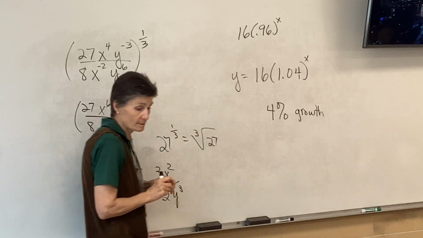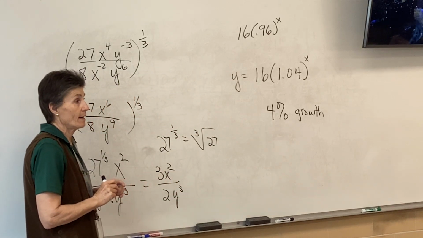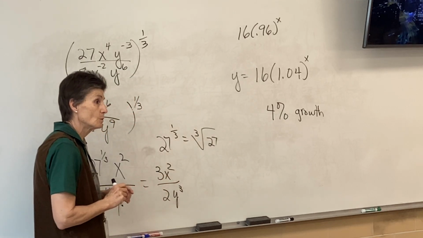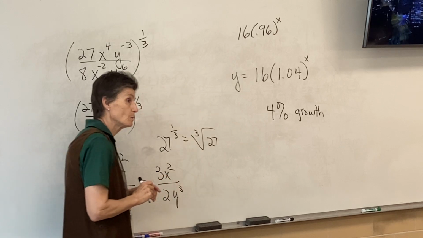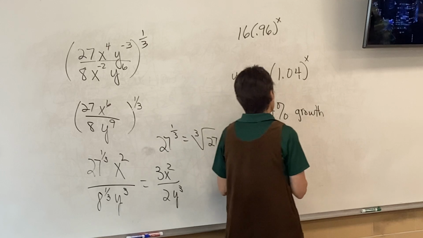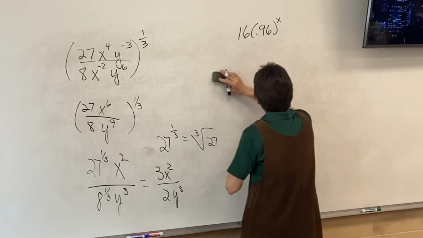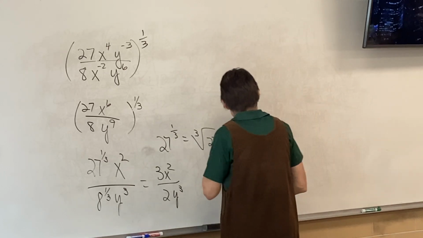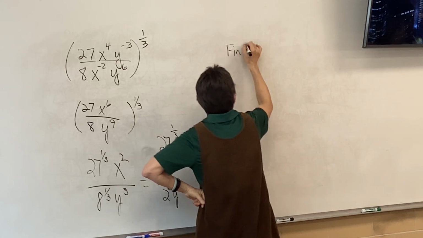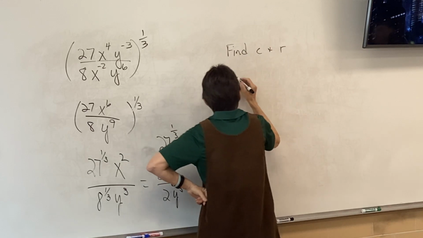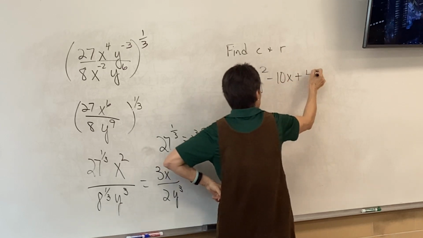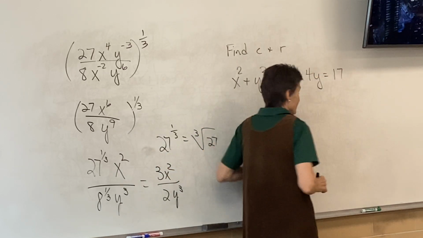All right, what else do we have? Oh, now, yes, for the exam, the problems are like, find the center and the radius for x squared plus y squared minus 10x plus 4y equals 17.